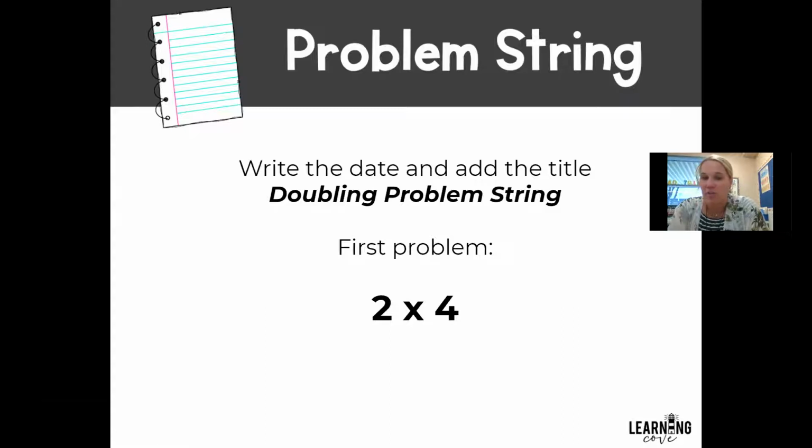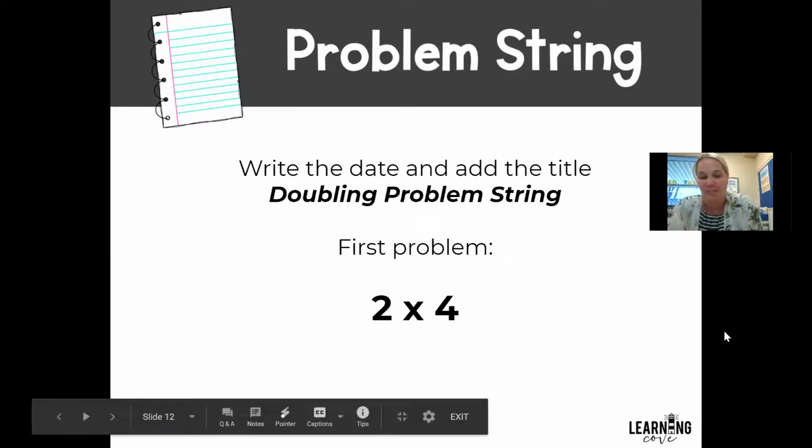You're drawing 2 big circles with 4 dots in each of them. What is your answer? If you were here, all of you would have yelled at me at the same time. You would have said, behind your little masks, 8. It's 8. 2 times 4 equals 8. 2 groups of 4 is 8.